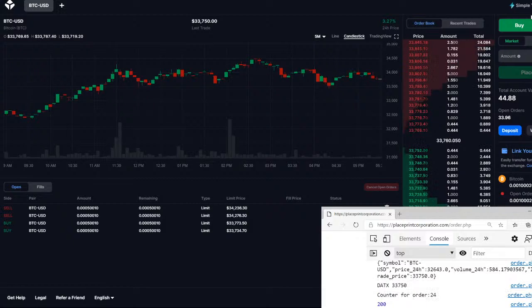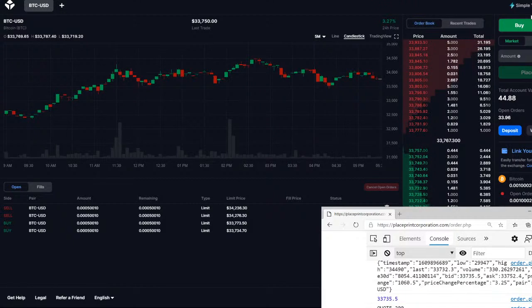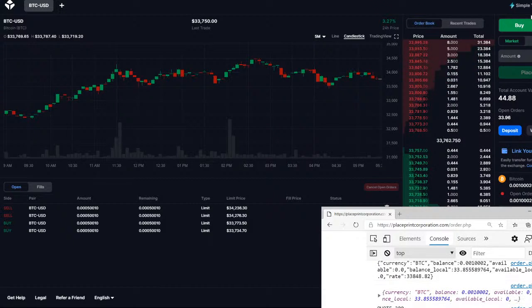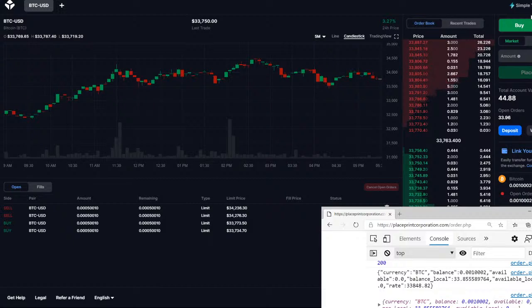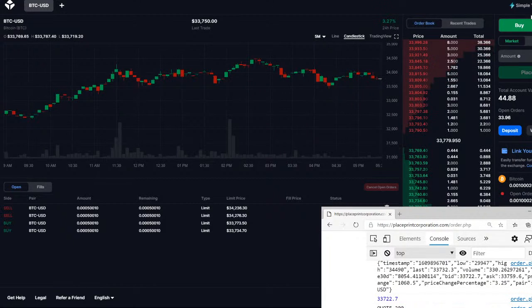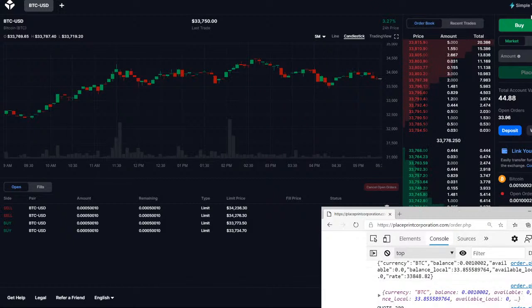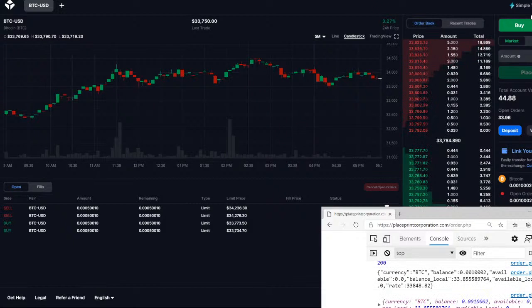Counter order is at 23, so about 80 ticks away from a new order. Love to see this fill come through so we can get a more fluid kind of environment here.